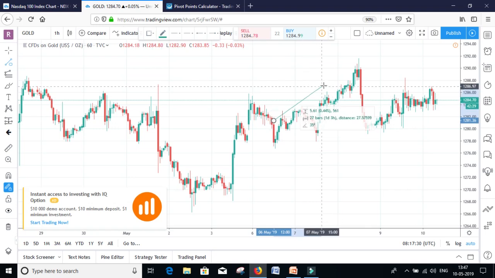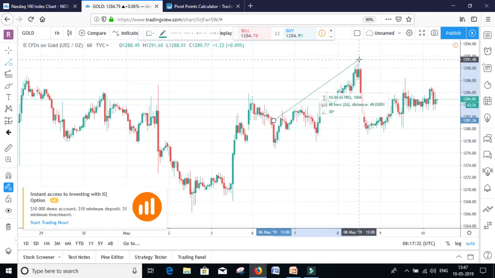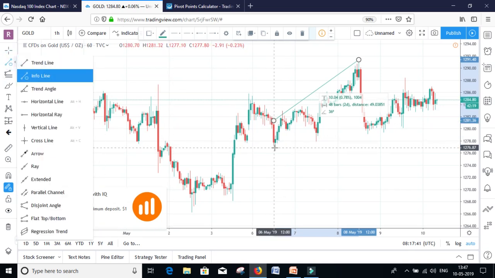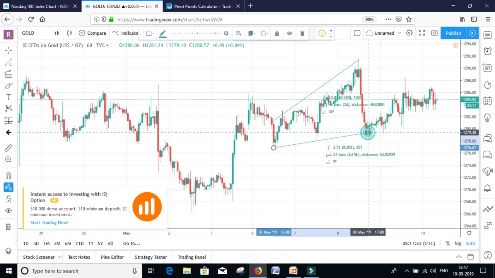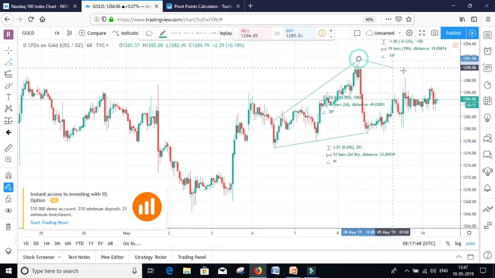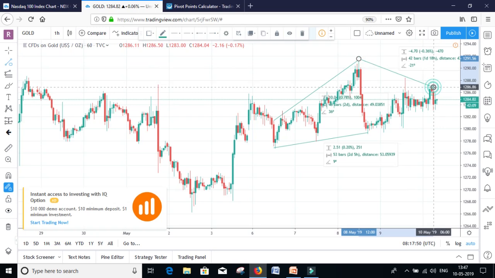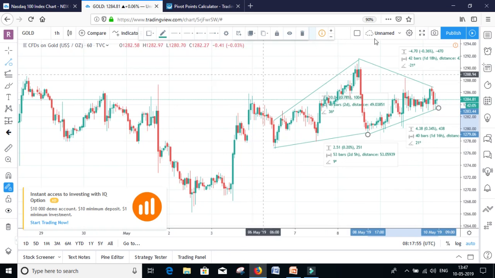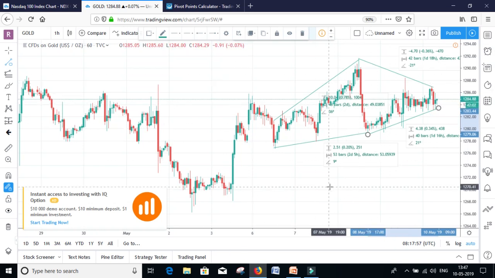We can just plot over here. Then we again plotted a line over here. Then we again plotted a downward trend line here. And we again plotted a trend line over here. So the pattern looks like a diamond top.